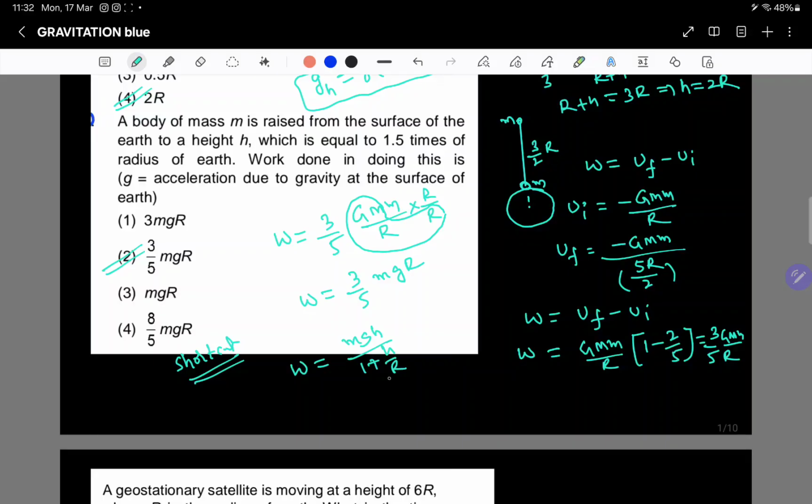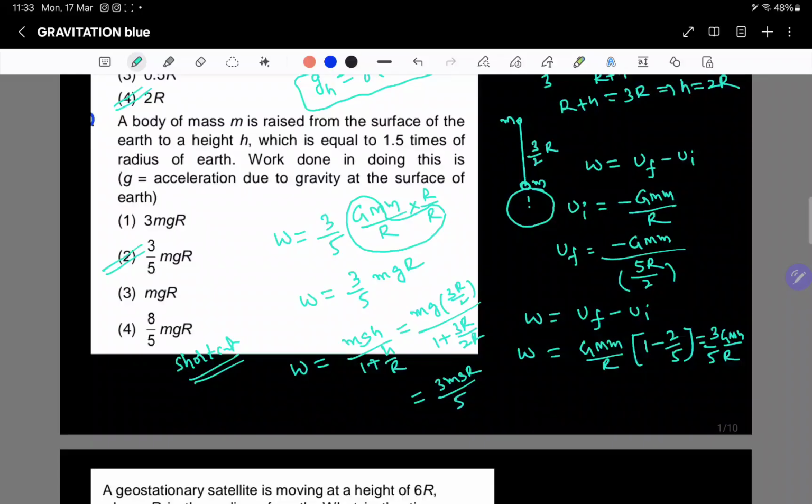Just verify: mg into h is 3r by 2, divided by 1 plus 3r by 2 into r. So r is cancelled. Here 1 plus 3 by 2 is nothing but 5 by 2. 2 cancels, so 3 mgr by 2 divided by 5 by 2, that means 3 by 5 mgr directly only.